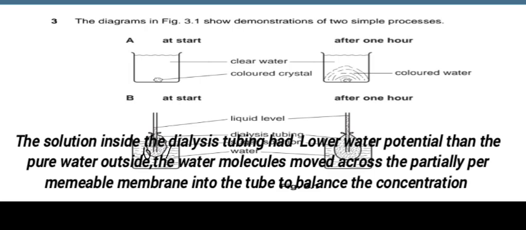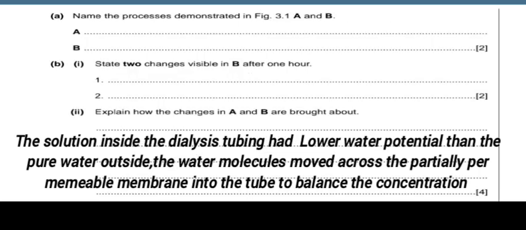Now, after balancing the concentration, this is going to cause the liquid level inside the dialysis tubing to rise. So this is what has happened here for osmosis, and for diffusion. So that was the last one. Thanks for watching.